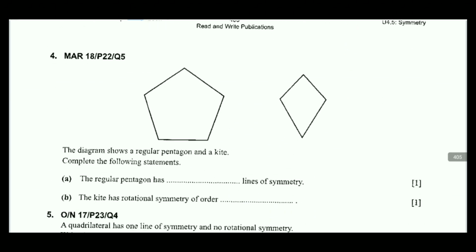Okay, next question. The diagram shows a regular pentagon and a kite. Complete the following statement. The regular pentagon has dash lines of symmetry. A regular pentagon has 5 lines of symmetry. Let's check. 1, 2, 3, 4, and 5.